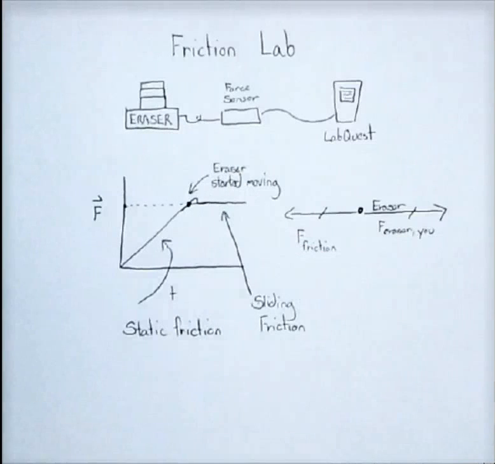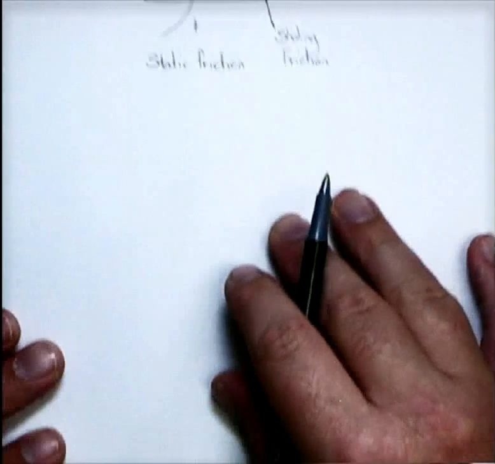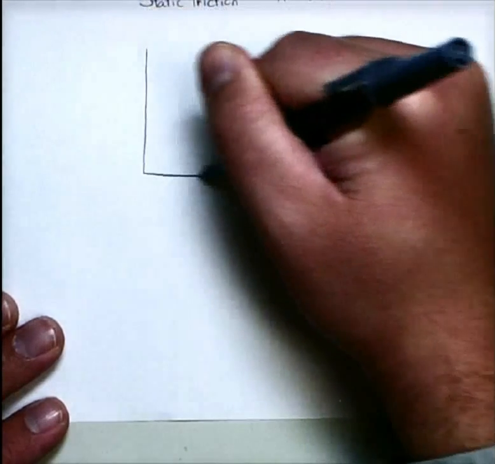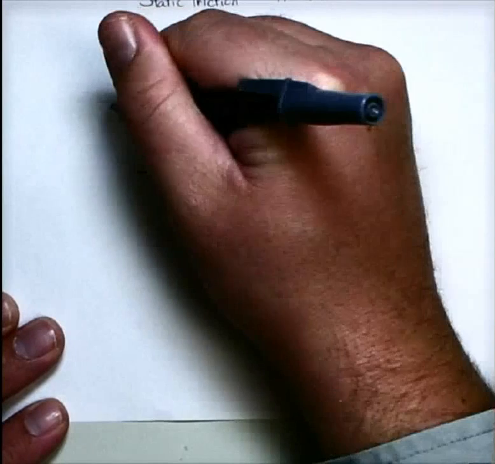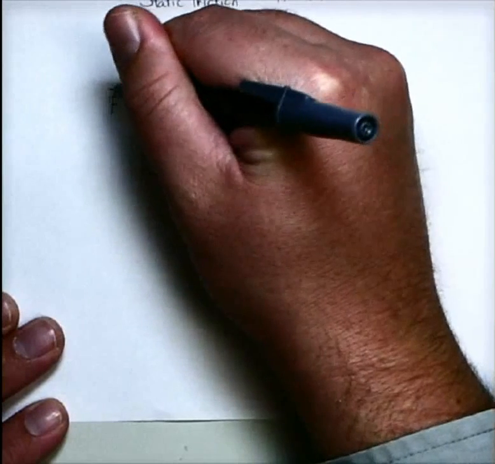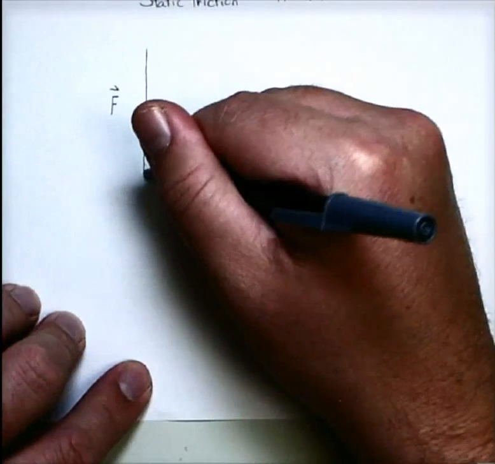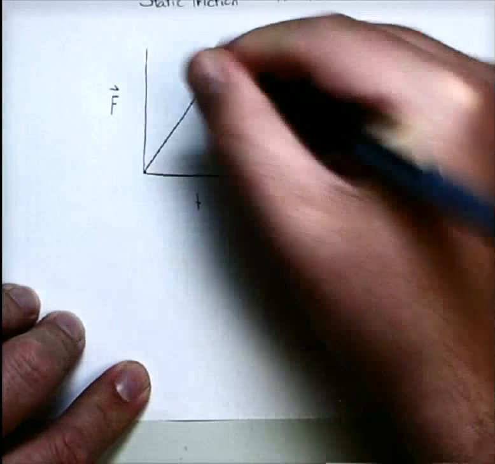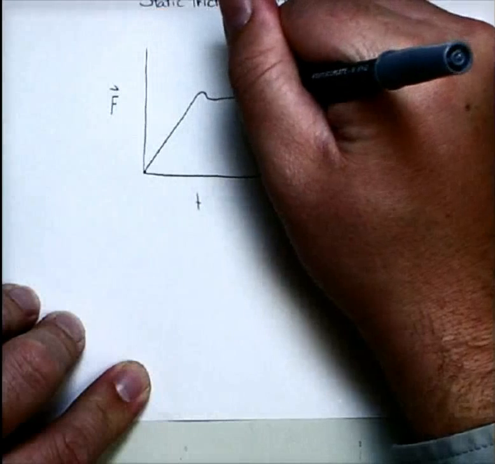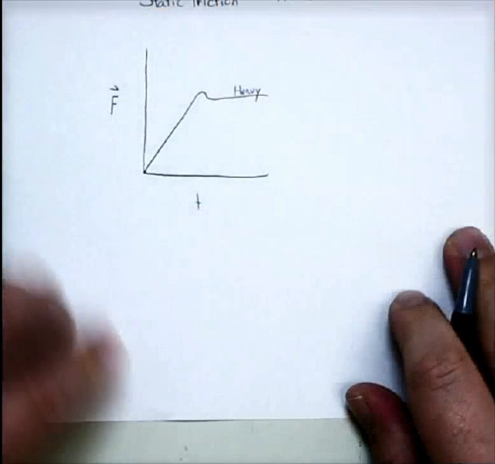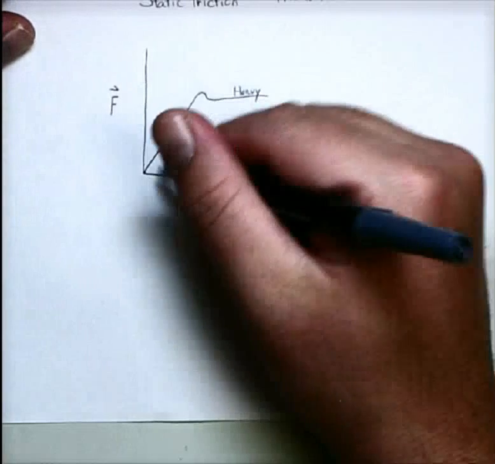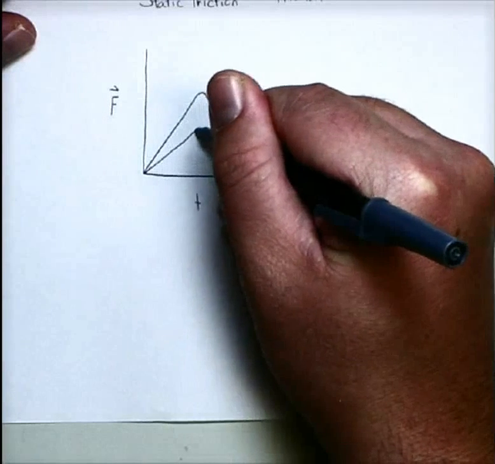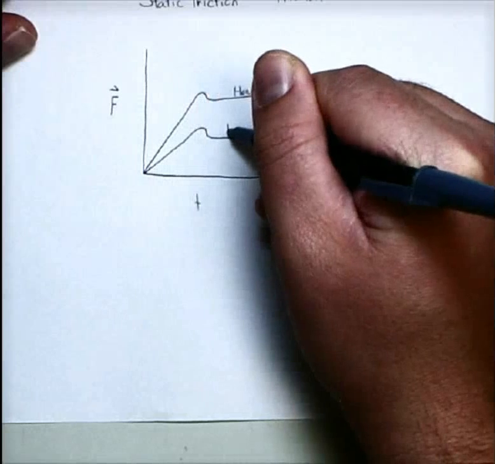And what you should have found is that if I put these on the same graph, this is the really heavy eraser, so the one with lots and lots of weight on it, it would look different than the lighter eraser.